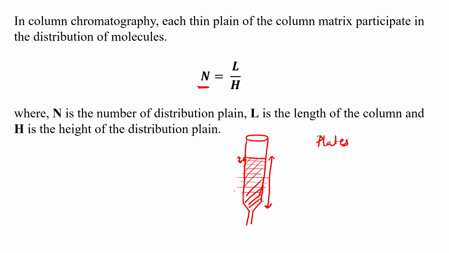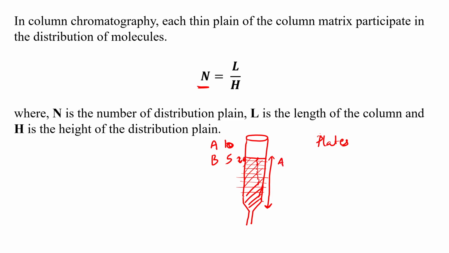The more distribution planes, the more sections we can divide the stationary phase into. Let's say my two analytes A and B: A has a partition coefficient of 10 and B has a partition coefficient of 5. When A is interacting with the stationary phase, it gets that many sections to interact with. So if the partition coefficient of A is 10, that means 10 parts of A will interact with the stationary phase, whereas only 5 parts of B will interact with the stationary phase.